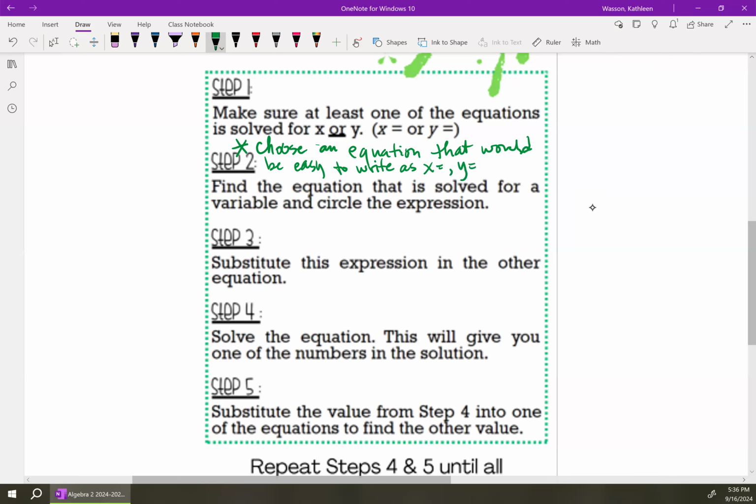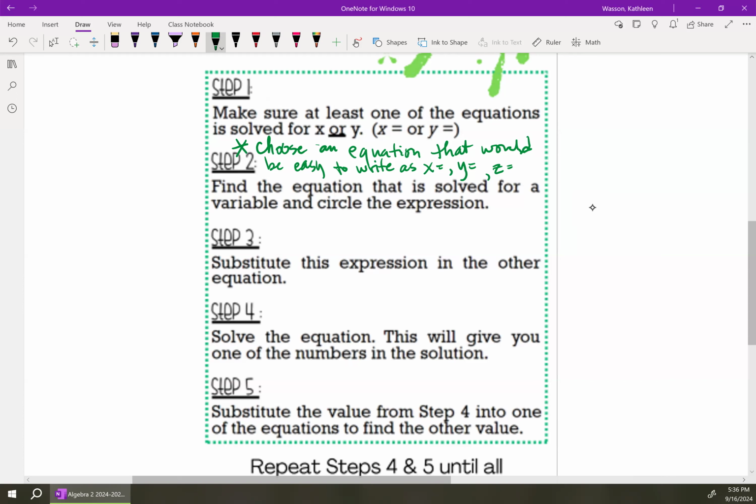It could be x equals, y equals, or z equals, in the case of the system that has 3 variables and 3 equations. So pick whichever one's the easiest one to rewrite, and go ahead and do that.